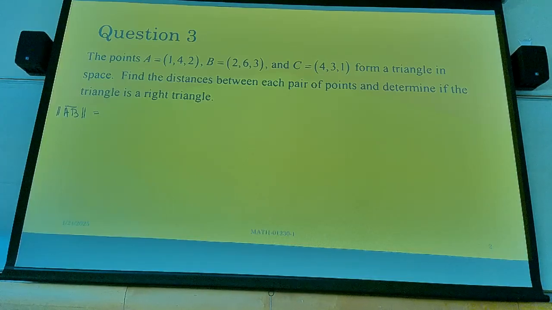How do you get it? You subtract each B value from the A value, then square all of those, add them up, and take the square root.